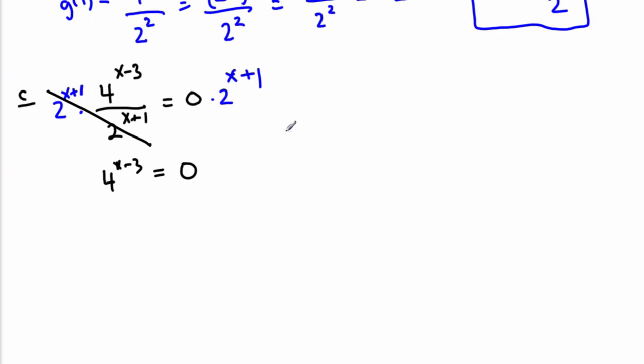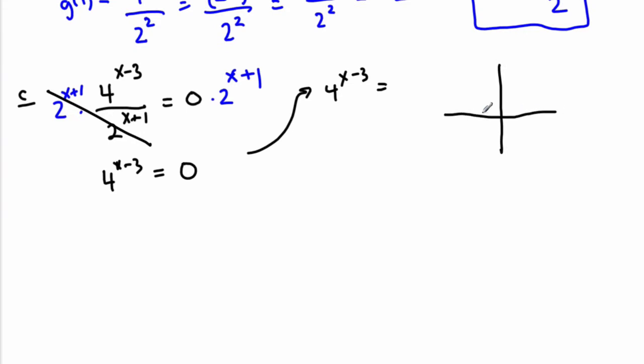I'm going to change this to 4 to the x minus 3 equals 4 to the... well, we can't do it. We can never have an exponent equal 0. 4 to the 0 is 1. And you should know already from the graph of an exponential function that it never equals 0.